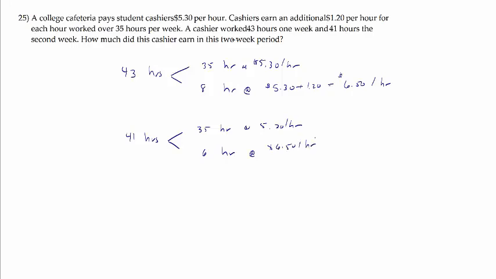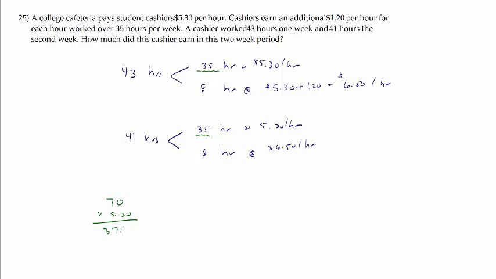Then I'll compute these and add them together. One shortcut is that the 35 and the 35 are going to be at the same rate. So I could take 70 hours at the pay rate of $5.30. Computing that gives me 371.